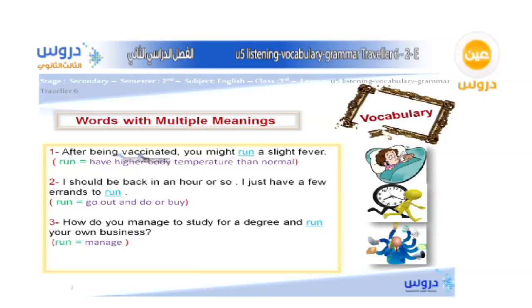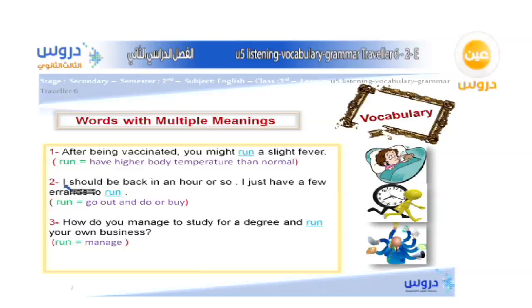Now, number 1, after being vaccinated, you might run a slight fever. You can see the meaning of run: have a higher body temperature than normal. The sentence again, after being vaccinated, you might run a slight fever.